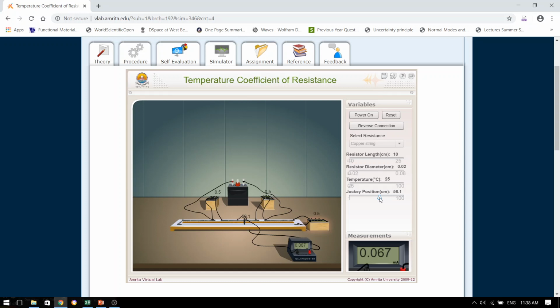Now see, when I was here, it was showing me minus 0.2, whereas a slightly different position gives 0.0767. So this is the closest I can reach to 0, which means this is my null condition of the galvanometer. What is the length of the wire now? The length of the wire is 56.1. This I can note down.